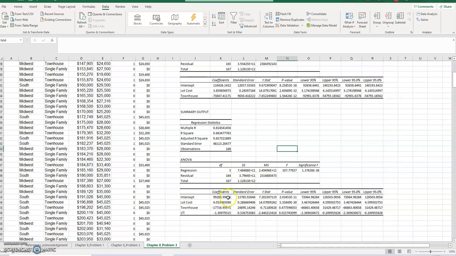So again, the point we want to make here is, if we go back to the original model, the main effects, meaning lot cost and townhouse, are both significantly accounting for variation in selling price.